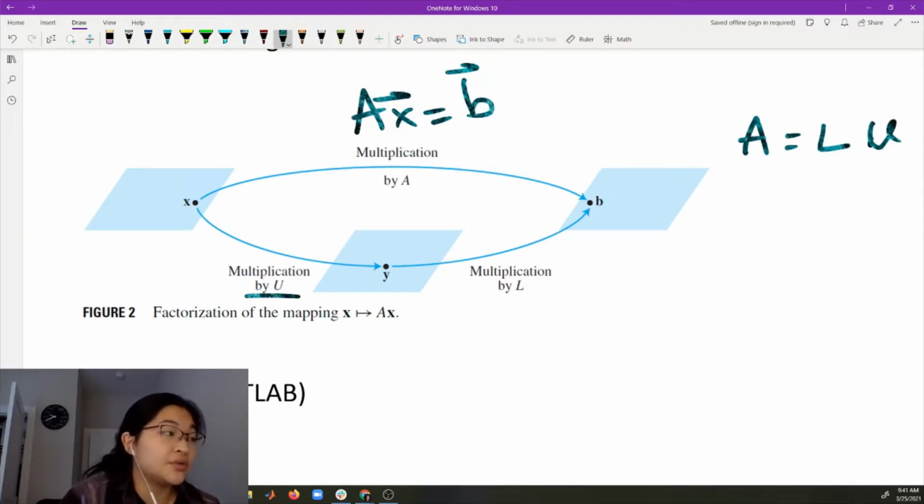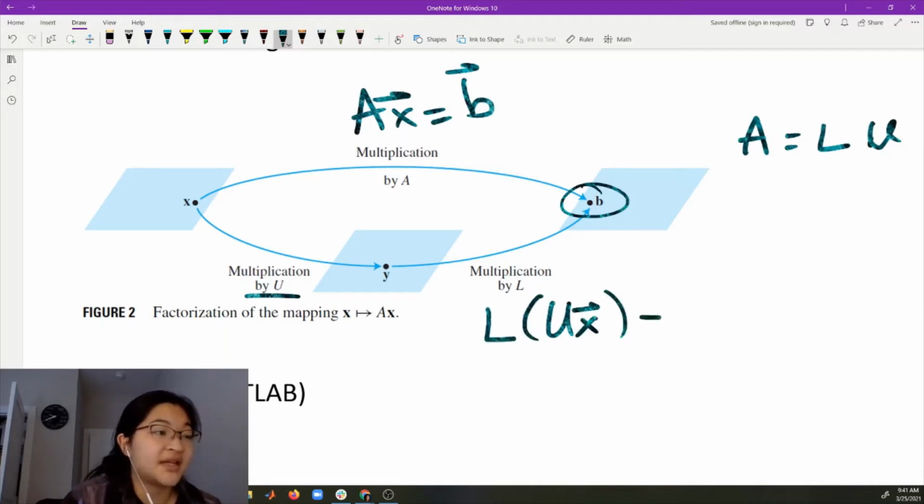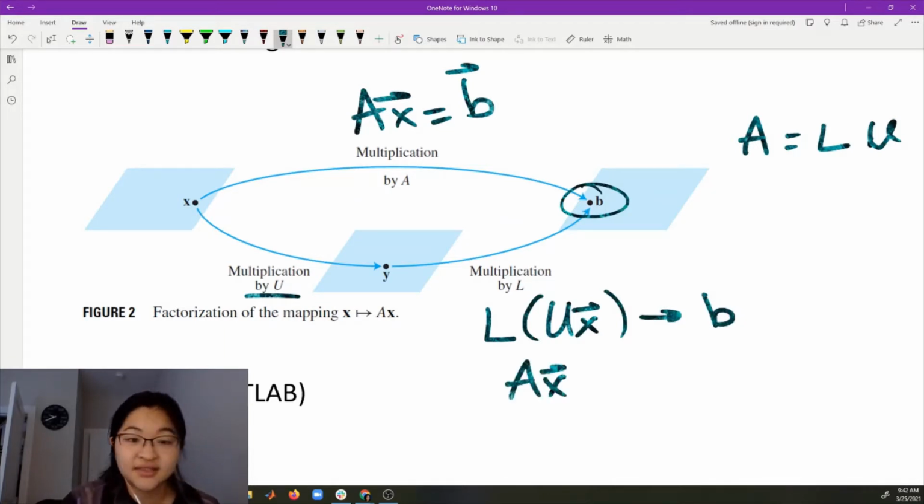So in order to get our answer b with our L and our U, we're going to have x times U, and that's going to get multiplied by L afterwards to end up with our b, as opposed to just multiplying A times x to get b.